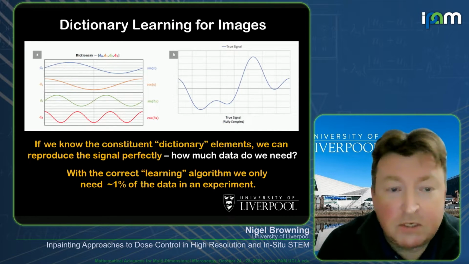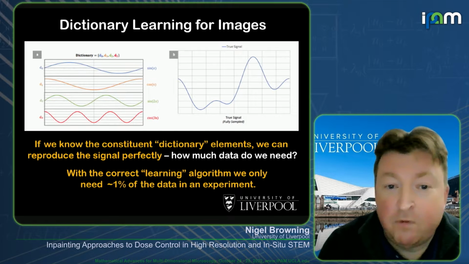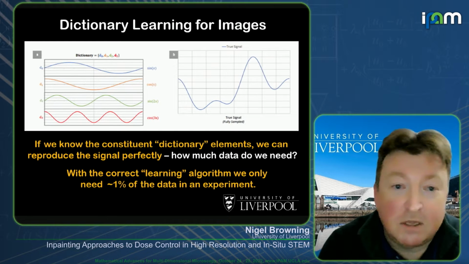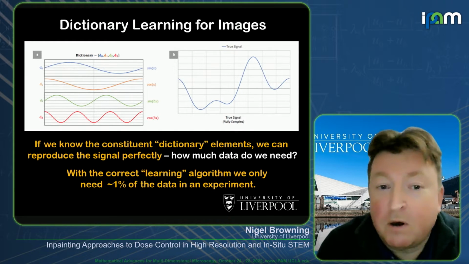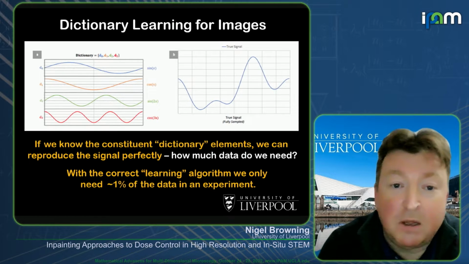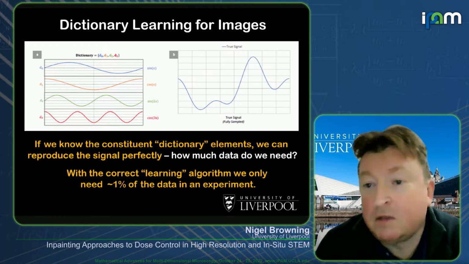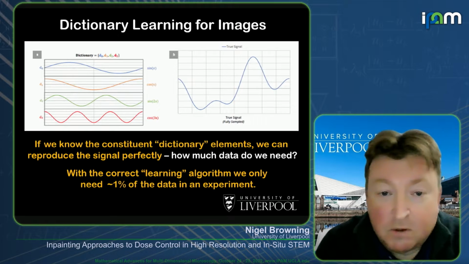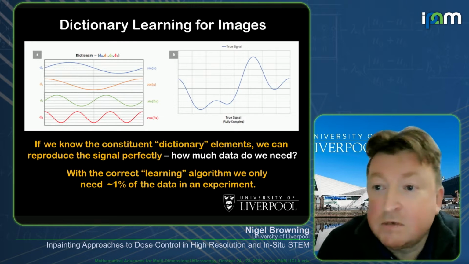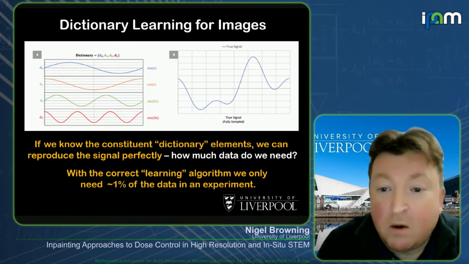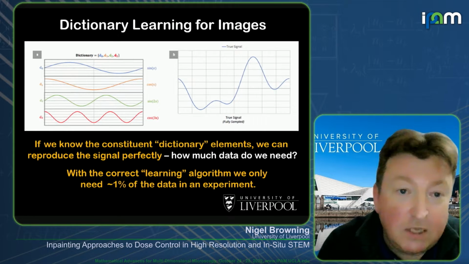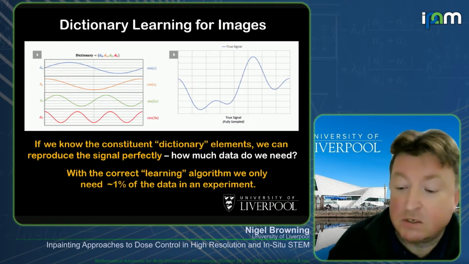So if we know what our dictionary elements are at any point, and we have these four very simple dictionary elements on the left-hand side, we can make up a more complex signal just by multiplying those dictionary elements by a scalar value. And in this case, we would do it with very simple mathematical approaches of a least squares fit, and work out what are the actual numbers of each of those components that gives rise to the true signal.